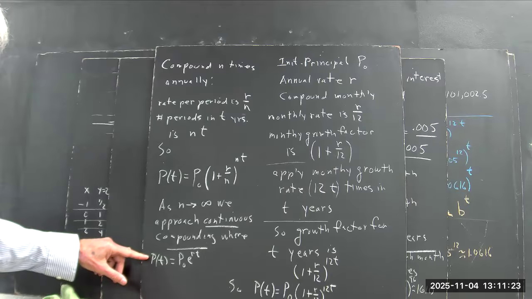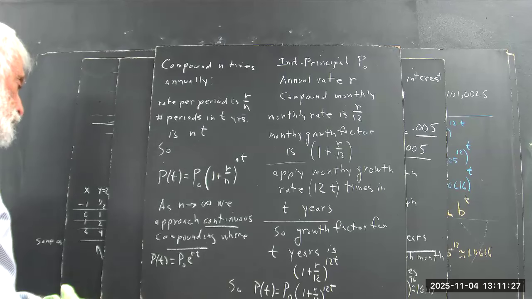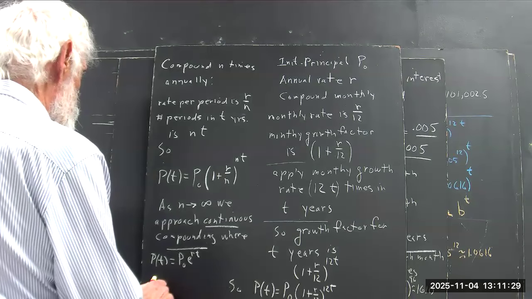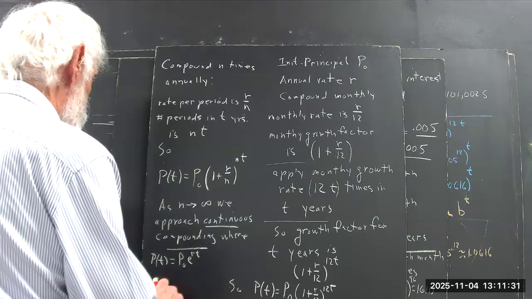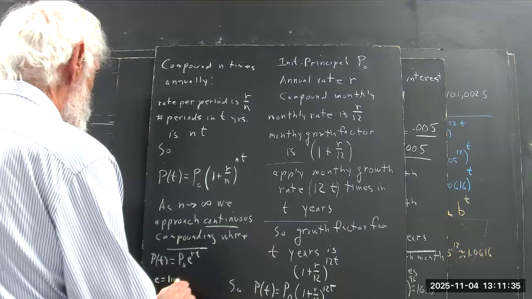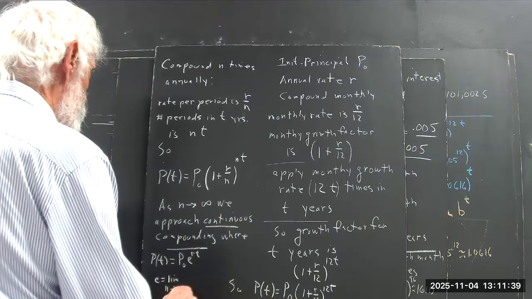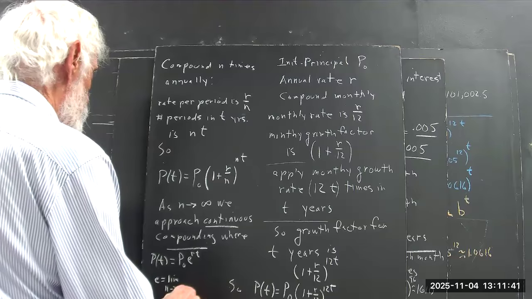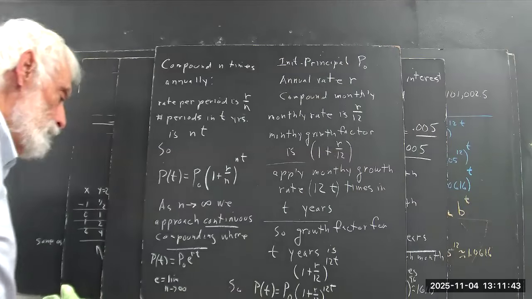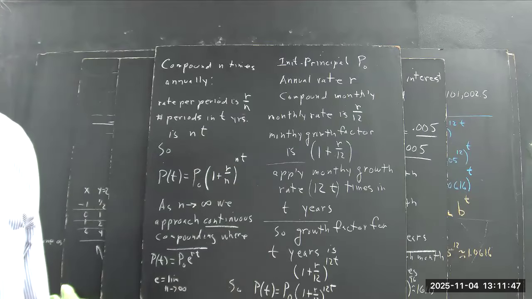Okay. There's our formula. And the reason for this formula is that e equals the limit as n approaches infinity, n being the number of times you compound, if you wish to talk about that.